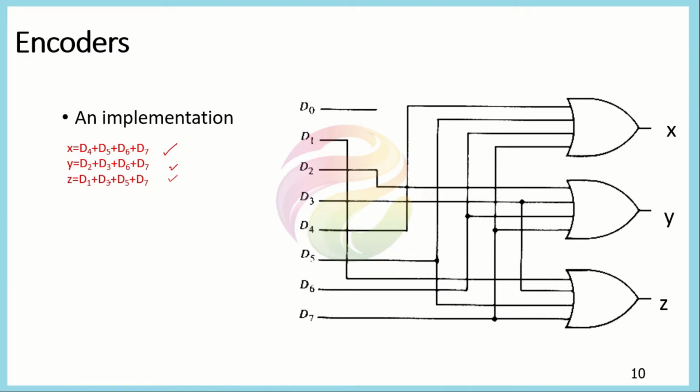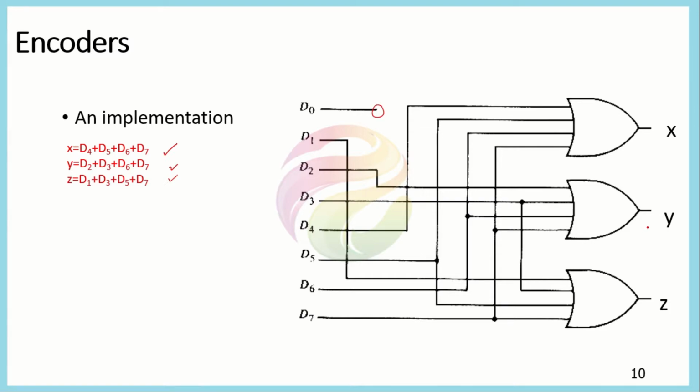We can easily represent them in the form of a simple OR gate operation, because d0 is not utilized in any of the terms. For the x, we just combine d4, d5, d6, and d7. For the y, we combine d2, d3, d6, and d7.